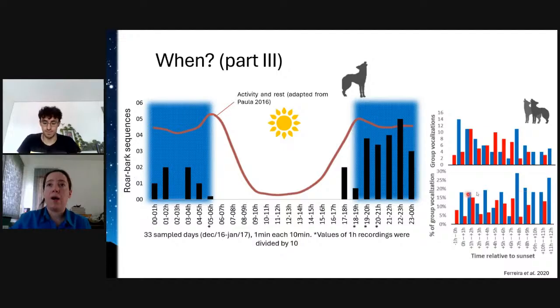This is a kind of vocalization that maybe functions for a slightly different purpose. But normal vocalizations follow this daily pattern.